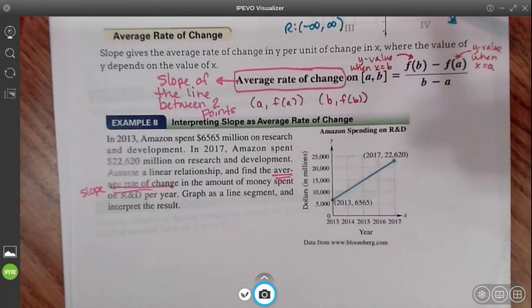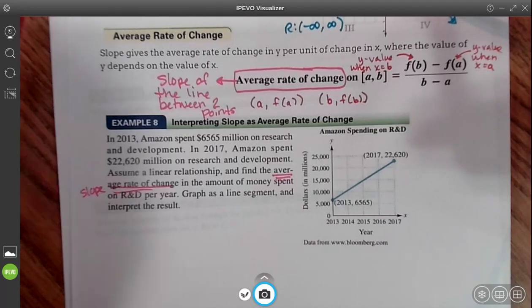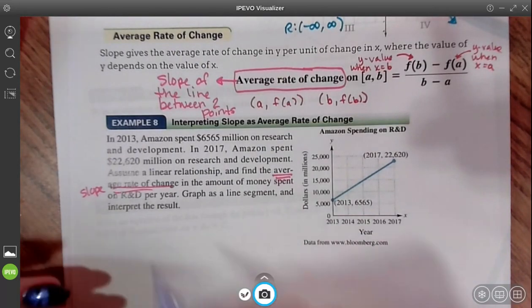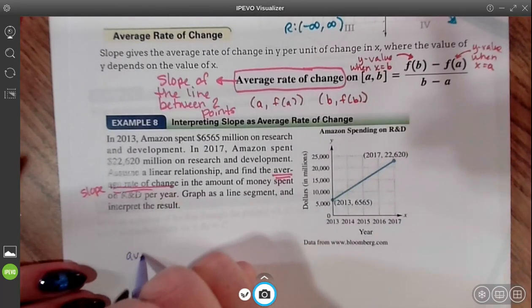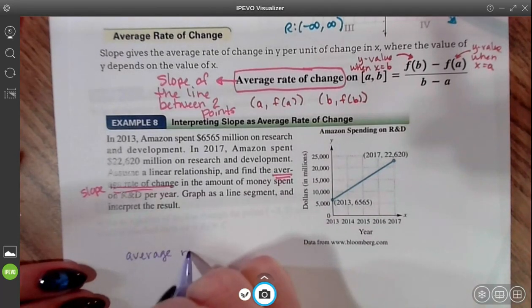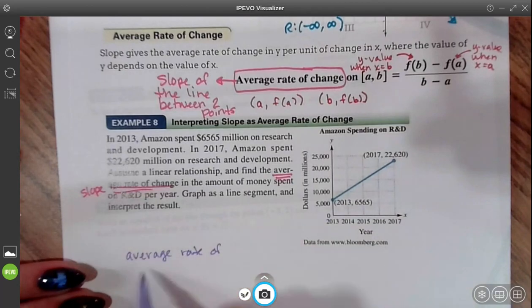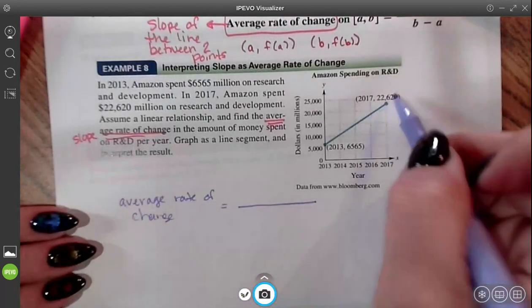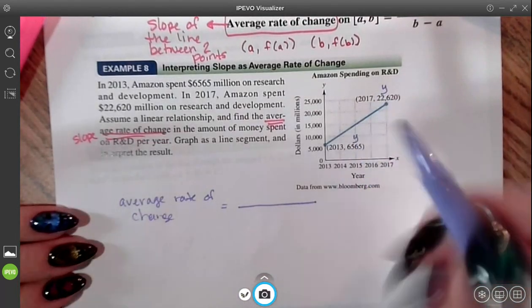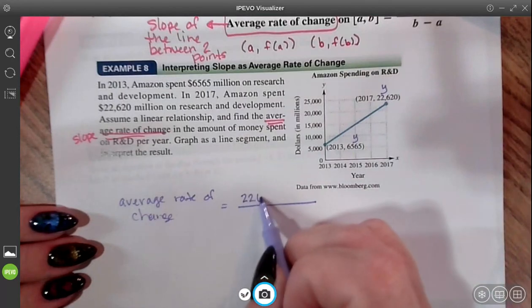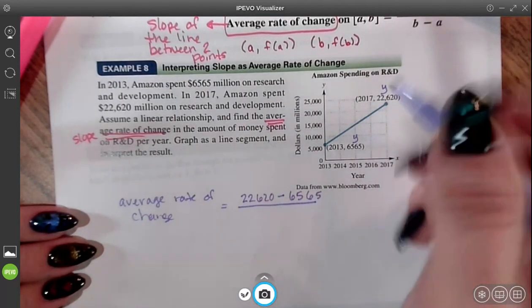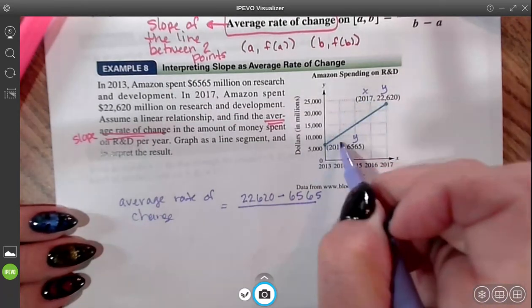So we've already got the graph, so we don't have to make the graph. We just have to find the average rate of change, which means the slope between the 2 points. So the average rate of change will be, using our slope formula, take y2 minus y1, so 22,620, subtract y1, 6,566, over x2 subtract x1.